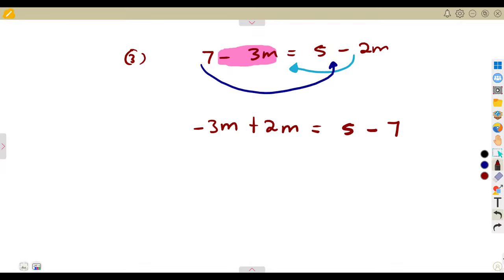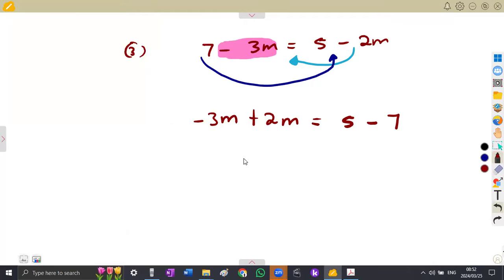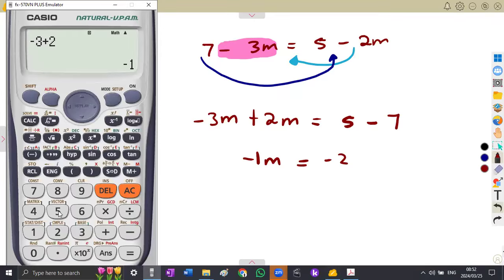So the algebraic part there is the one that you're considering. The rest there is just your normal simplification, minus 3 plus 2. These are like terms, so you can even use your calculator if you do not understand this. Minus 3 plus 2 is minus 1. So I'm having minus 1m, which is equal to 5 minus 7, which is minus 2.